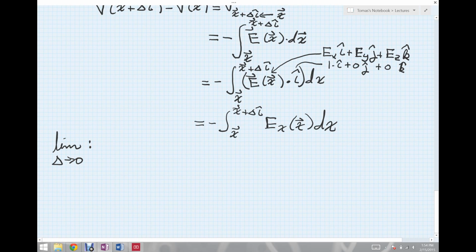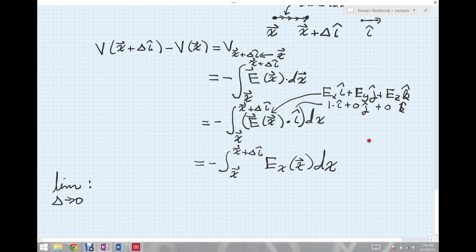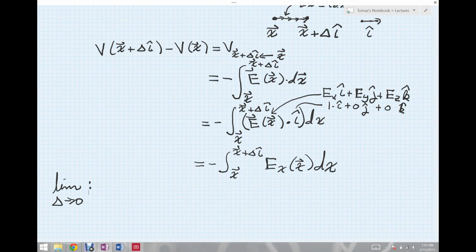Now, when I do that, if I shrink delta down to a tiny distance, I'm not actually covering a very wide range as I do my integral. So basically, I can always make this small enough so that the electric field is practically constant across this distance. And if it's practically constant across that distance, I can simply pull out the electric field.